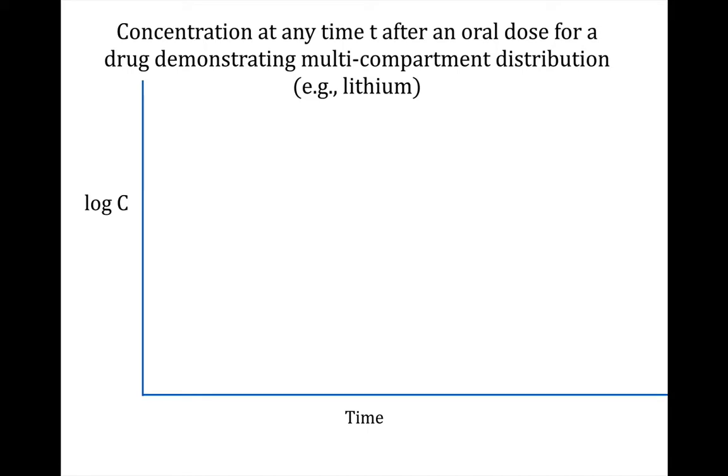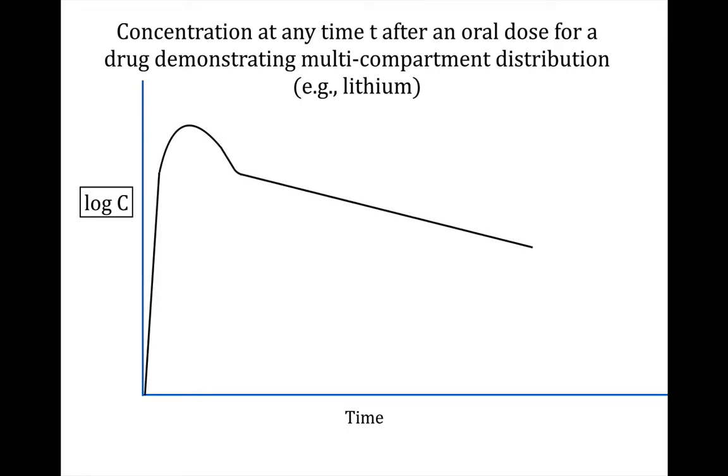Now let's examine what it might look like if we gave a dose of a drug that requires oral absorption but also demonstrates multi-compartment distribution. First, I'm going to plot the log of the concentration versus time rather than the usual concentration versus time, because it's easier to see the multi-compartment distribution if you plot it on logarithmic paper.